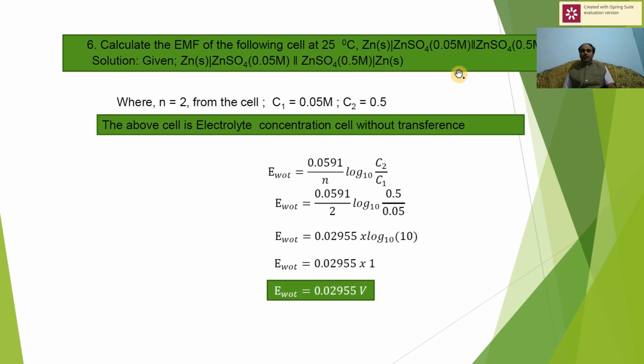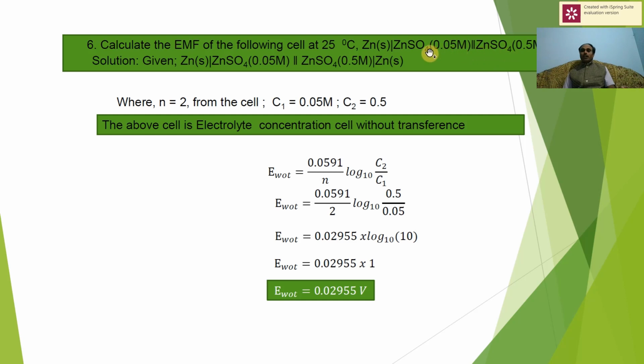It means that on both sides, the same electrode and the same electrolytes are present. As in the earlier problems, on the left-hand electrode side we had Zn bar Zn2 plus and copper 2 plus bar copper. But this is not like that; on both sides of the salt bridge we have the same kind of half cell. Then what is the difference?